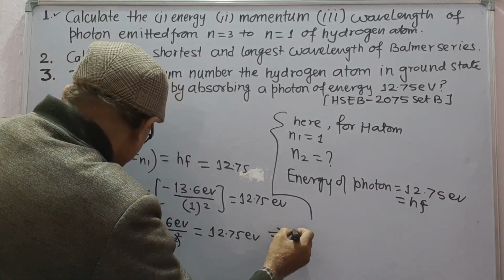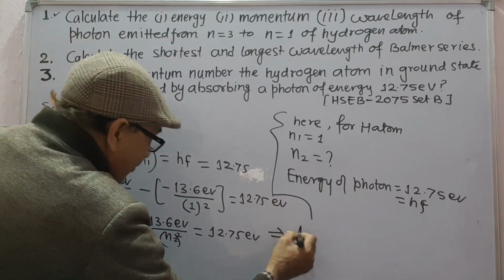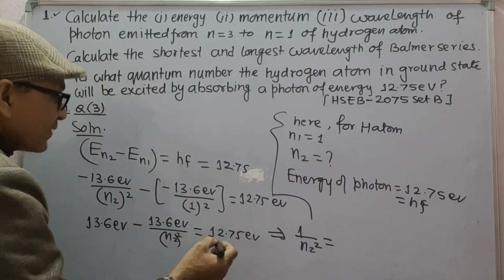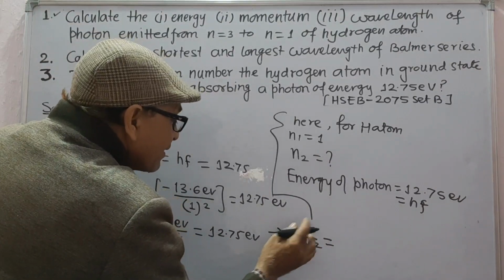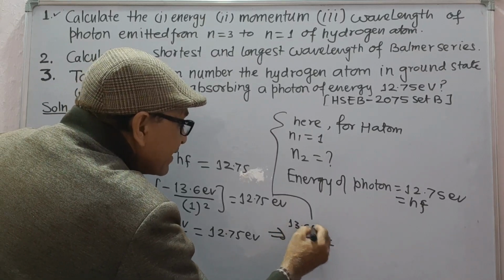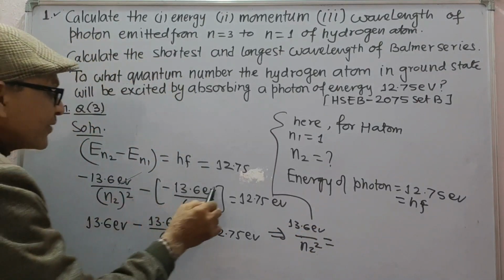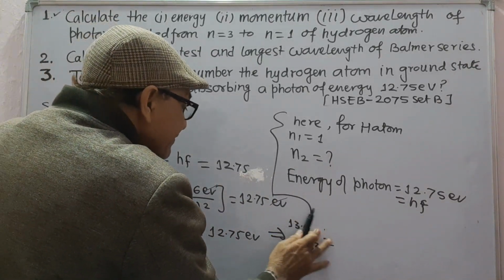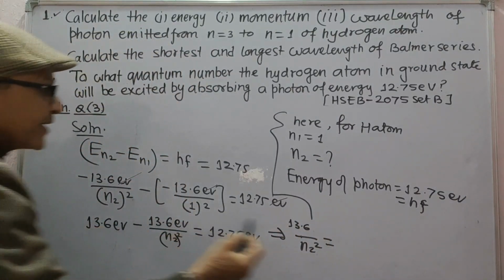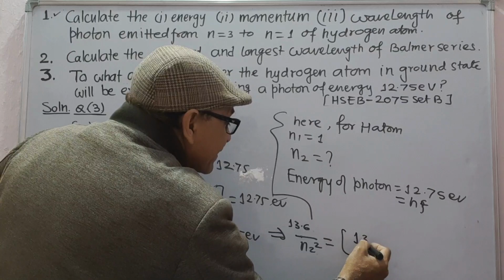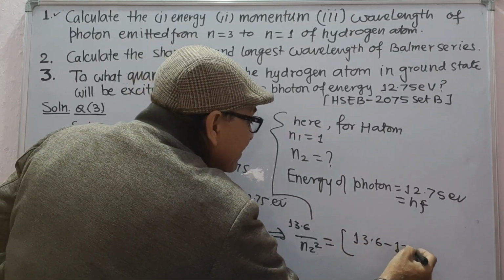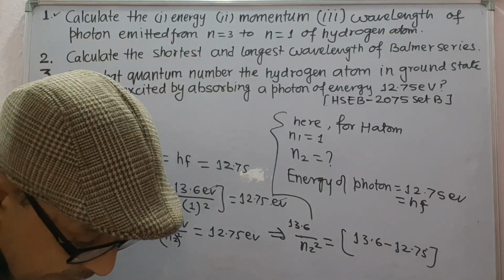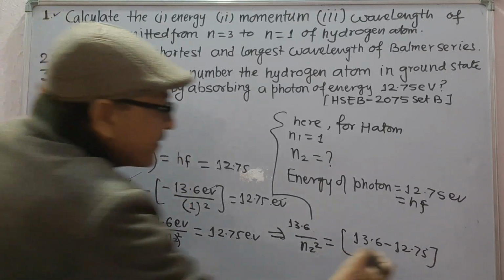Which gives 13.6 upon n2 square will be equal to 13.6 minus 12.75, eV can be cancelled out, which gives 0.85 eV.